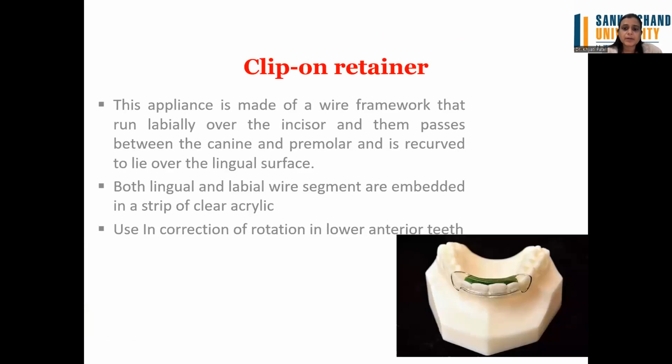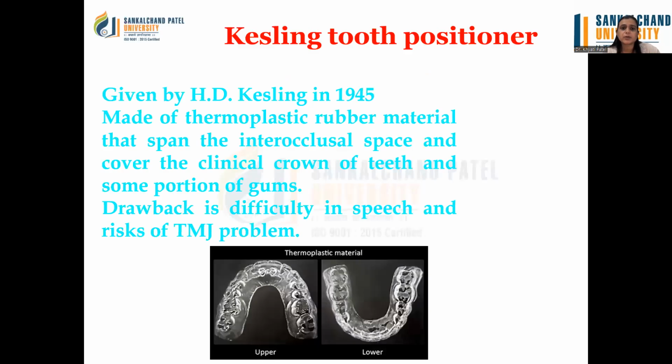Then chin cup retainer. This is commonly made with a wire framework that runs labially over the incisors and passes between the canine and the premolar and recurves again to the lingual surface, and acrylic is added to the lingual surface. This is used in correction of rotation in the lower anterior teeth and is commonly used because there are both labial and lingual components.